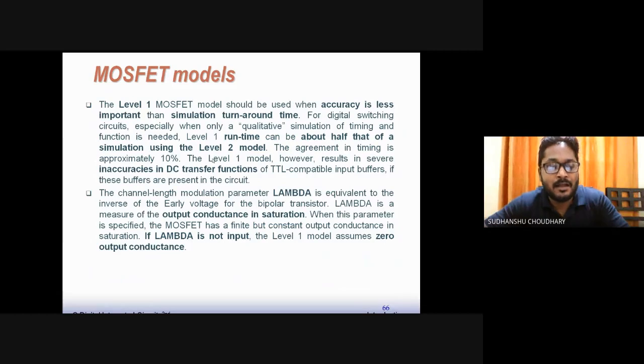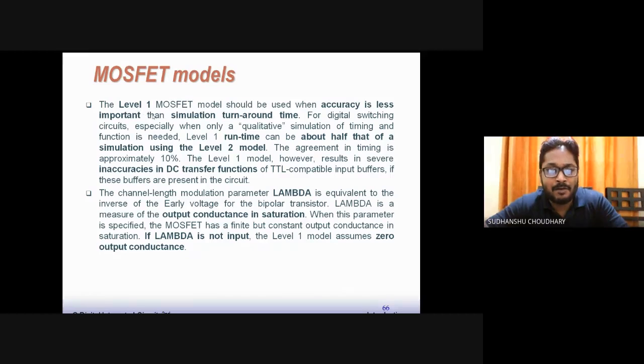As I said, as you move through these levels, from level 1 to level 50, the complexity of the model increases because the process technology also improves. The old models will not be able to predict accurate device behavior. So level 1 and level 2 obviously have differences.